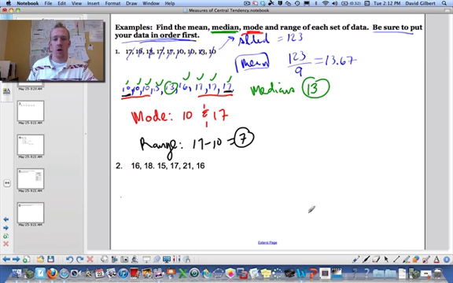Alright, so here we have another list of numbers. I'm going to rewrite these in order. I have a 15, my smallest, and then I have 2 16s, and then I have a 17, an 18, and a 21.